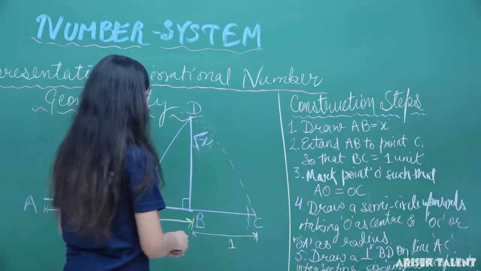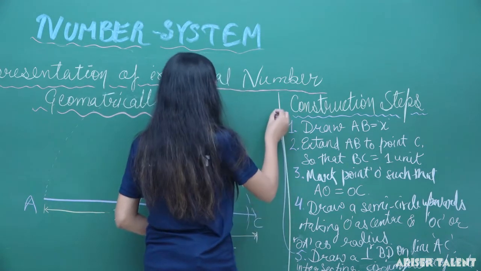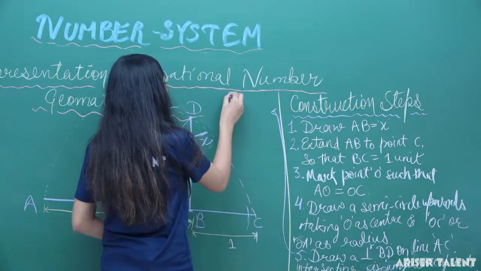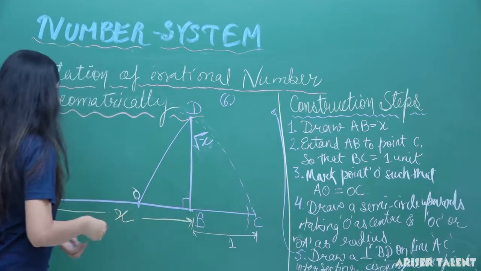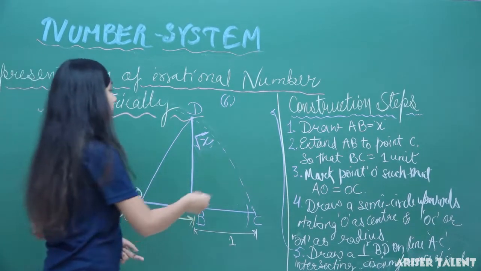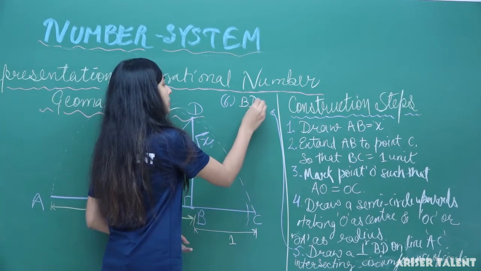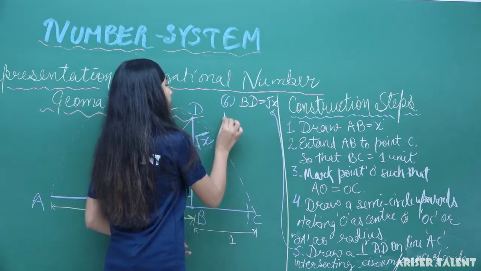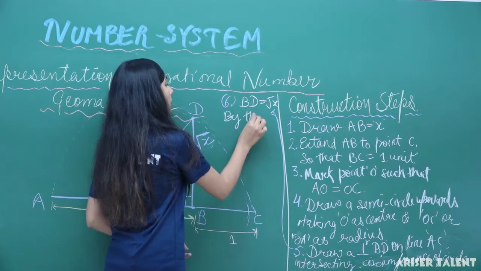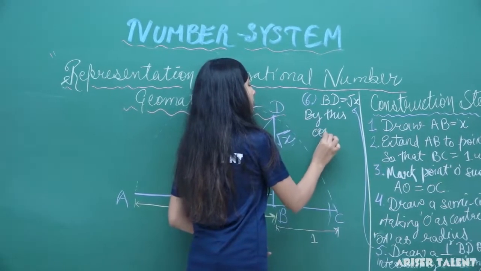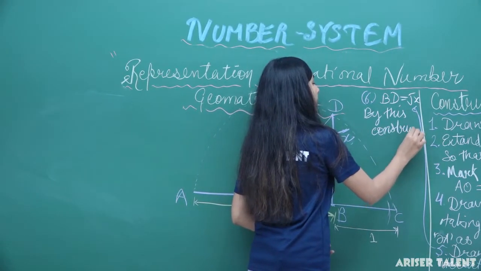After that, come this side. Point number 6 is BD equals root x by this construction.